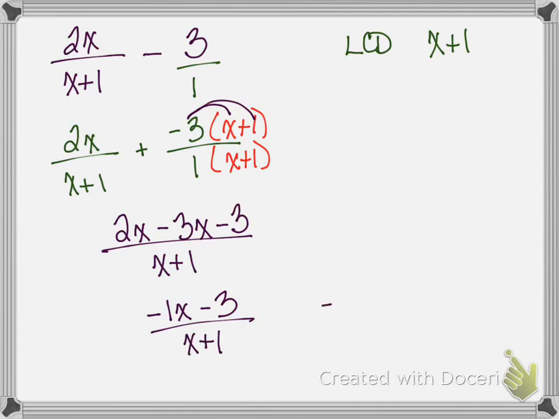You may also have negative x minus 3 over x plus 1. And again, those are binomials, and binomials stay together. You can't separate them and start canceling things. So this is your final answer right here.